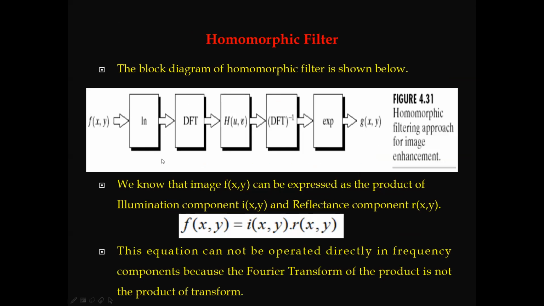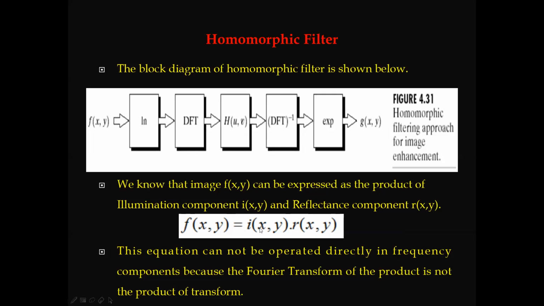After that, we perform the DFT, then multiply the result with H(u,v). After multiplying, we find the inverse DFT, then take the exponential of that component. Finally, we get g(x,y), which is the enhanced image. So the input image can be enhanced by performing natural logarithm, DFT, filtering, IDFT, and exponential.